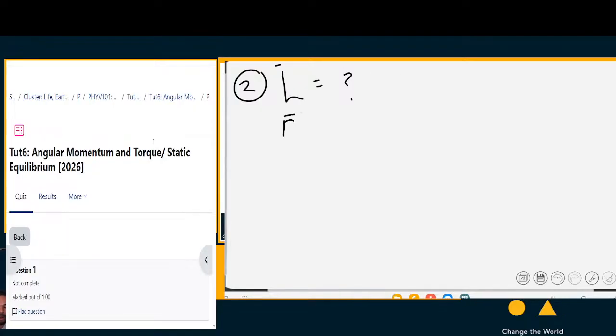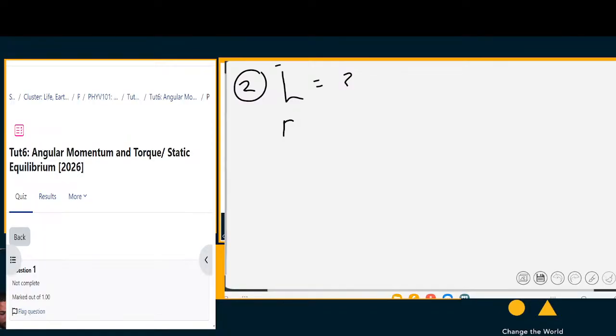This is a problem in Serway and Jewett, problem number 12 in the 9th edition. They give you a 1.5 kilogram particle.